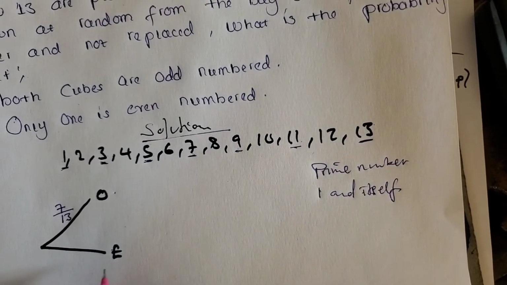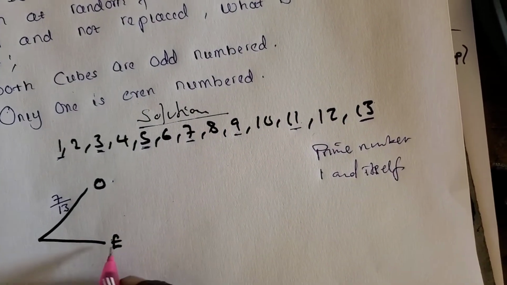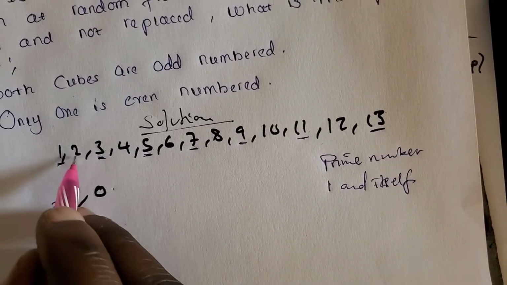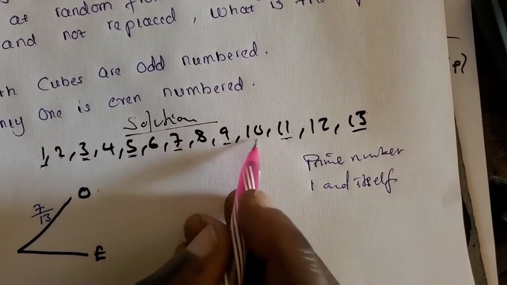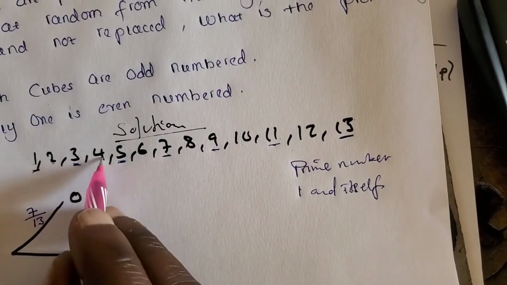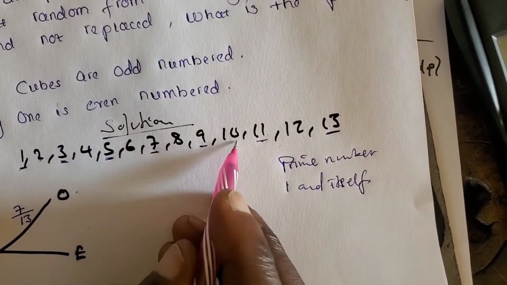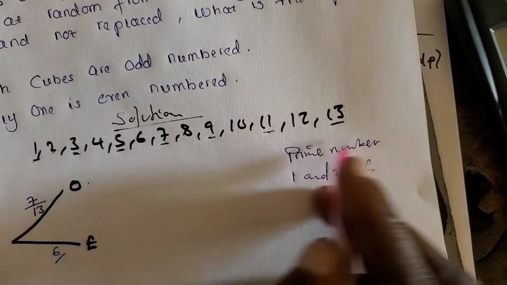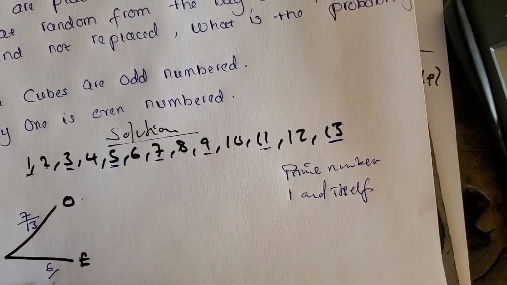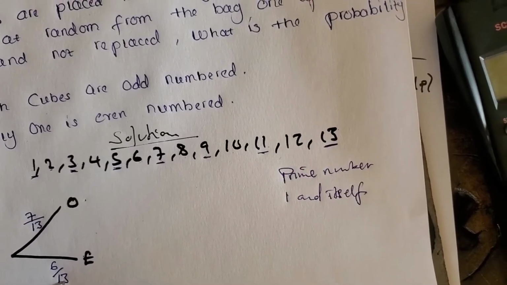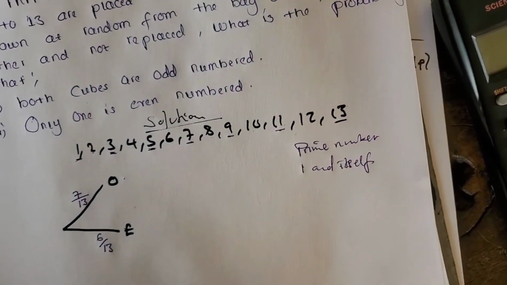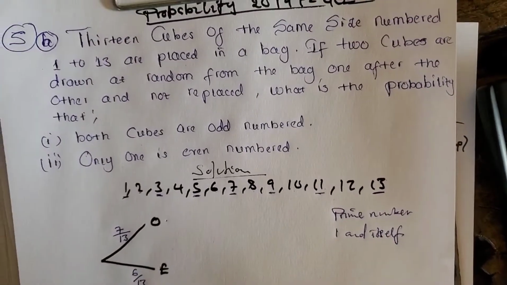So here, even numbers are numbers that are divisible by 2. So we have 2, 4, 6, 8, 10, 12. So we have 1, 2, 3, 4, 5, 6. So 6 out of the total number of cubes, which is 13. We are doing this because we want it to help us answer the questions.